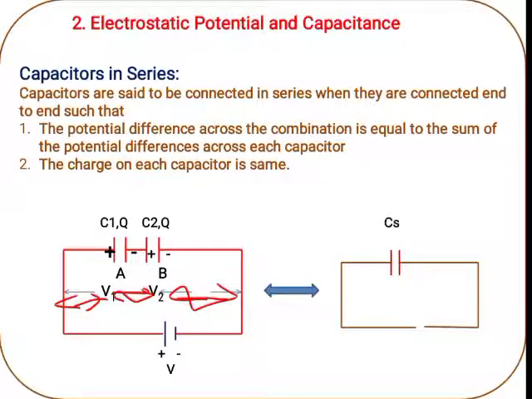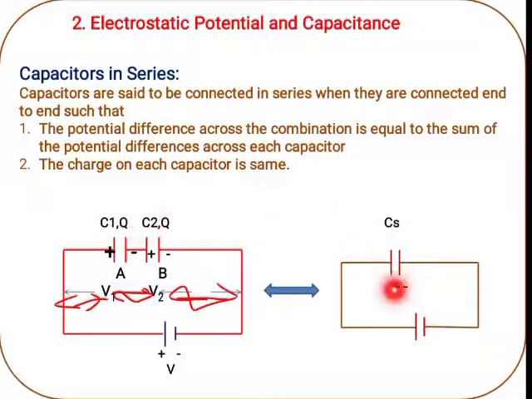The effective capacitor of the series combination is CS, which means capacitor in series. This is the equivalent capacitor diagram, the equivalent diagram for the same circuit.